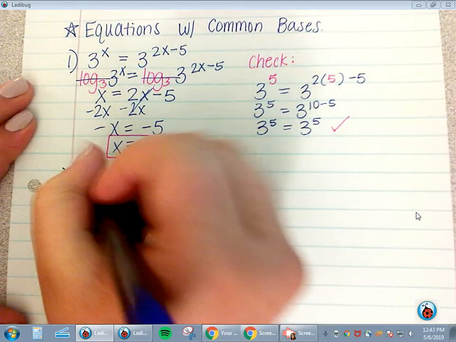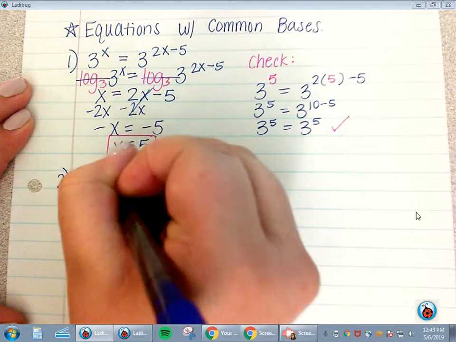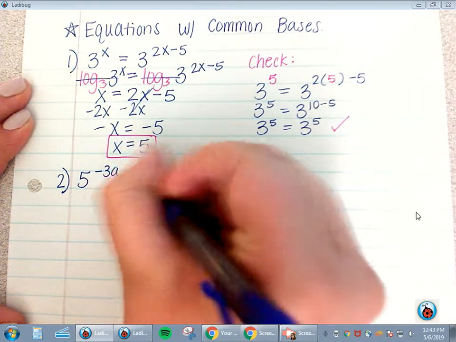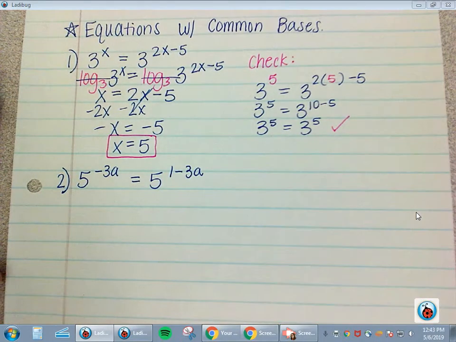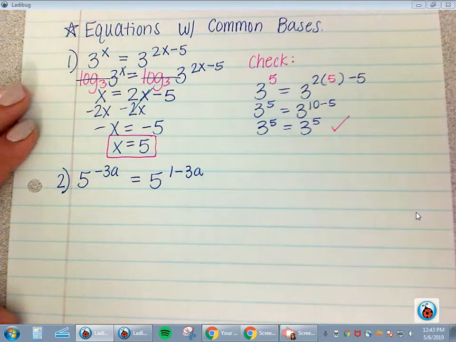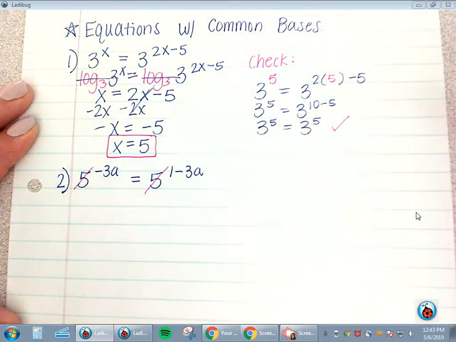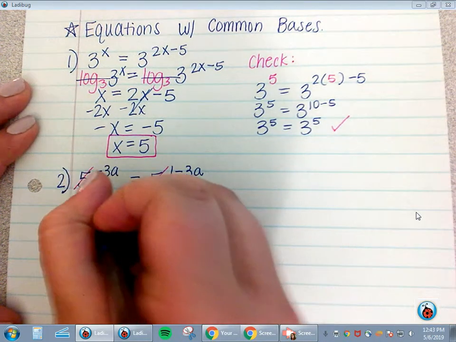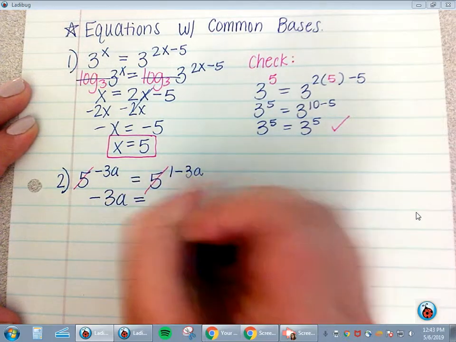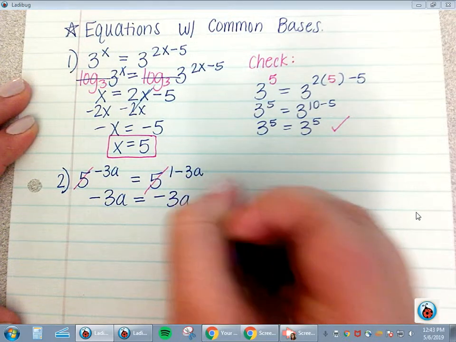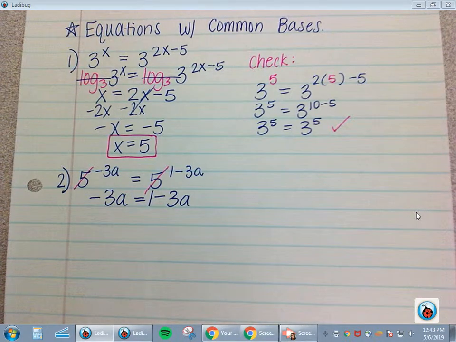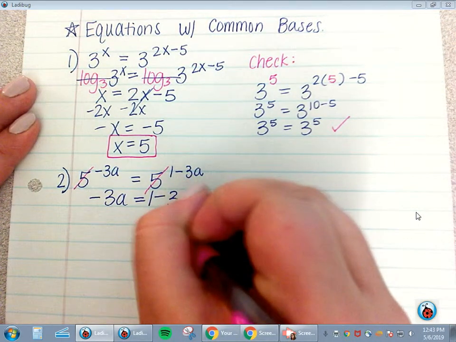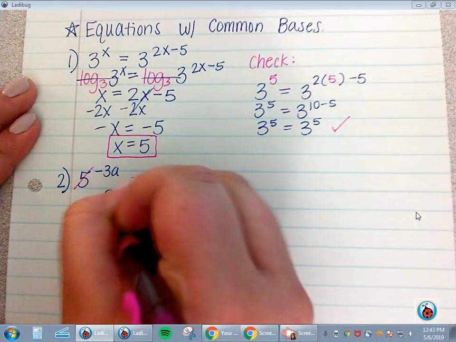This time, that'll happen to be the case. On number 2, say we had 5 to the negative 3a equals 5 to the 1 minus 3a. We have a common base, so we can skip that logarithm step and essentially just get rid of those 5s. Then we have negative 3a equals 1 minus 3a. Solving for a, we could add 3a to both sides.